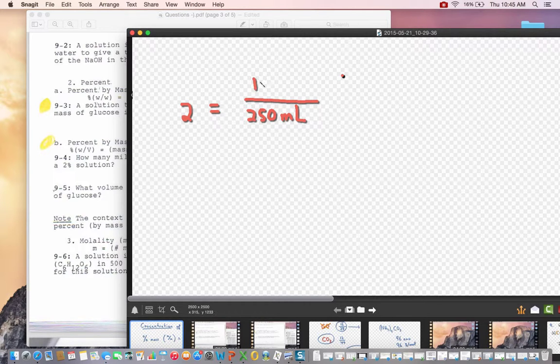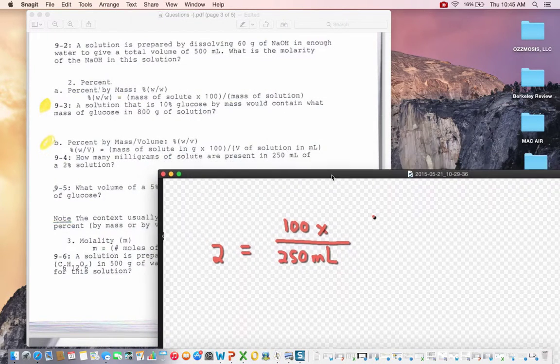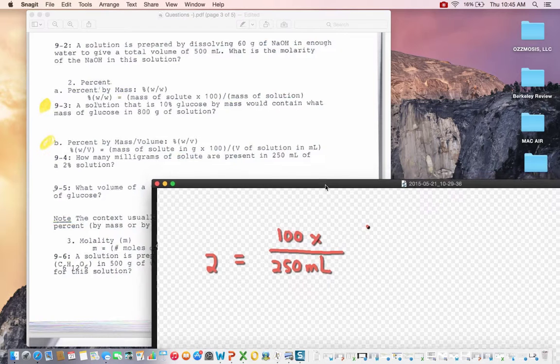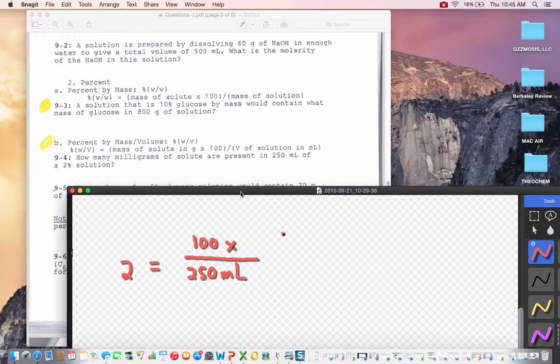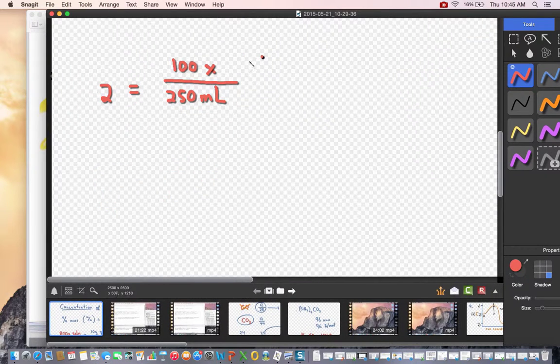We know we have to multiply by 100. And we're trying to find out what the mass will be in milligrams. Typically, we are going to use units of a milligram per milliliter. So actually, this is going to give us our answer in grams. And then we'll just convert it to milligrams.